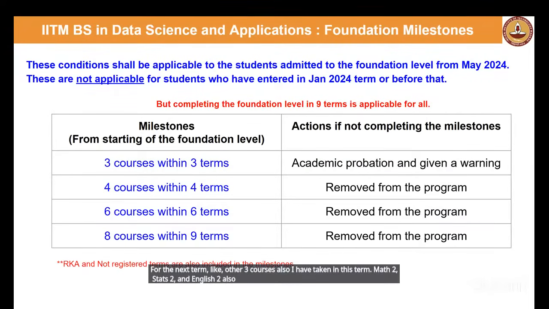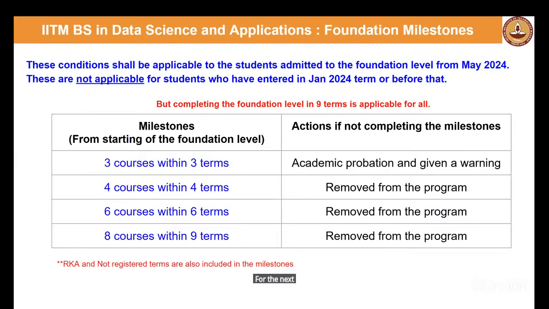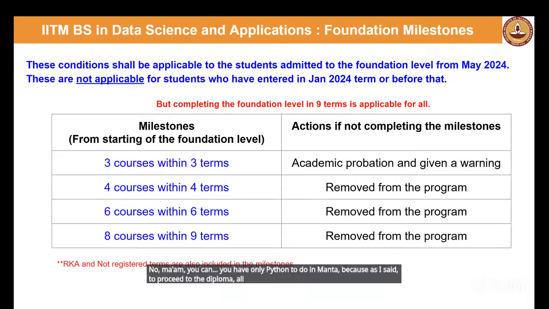For the next term, will I be able to do only Python, or even diploma courses as well? No. You have only Python to do in one term. As I said, to proceed to the diploma, all the foundation courses have to be completed. You can't take diploma courses along with foundation. No such combinations can be done.